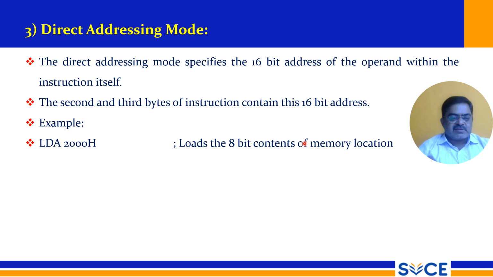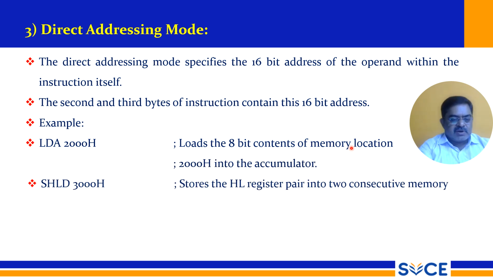So here, 2000 is a hexadecimal number, and it is the address. Whatever is there in this address will be loaded into the accumulator directly. So that loads the 8-bit contents of memory location 2000H into the accumulator.